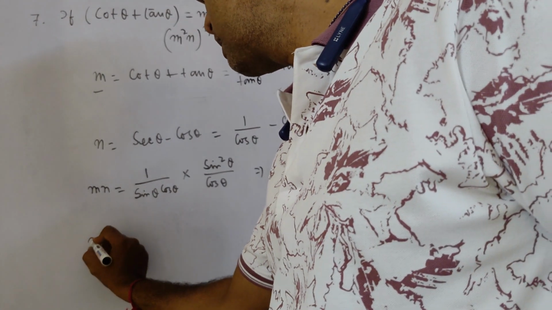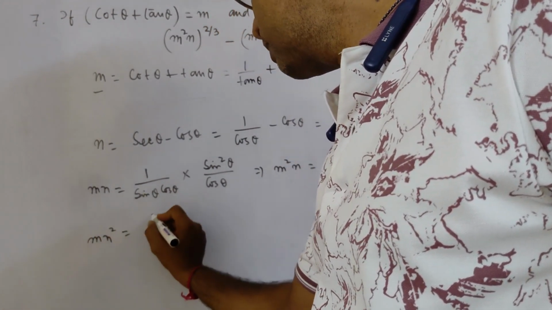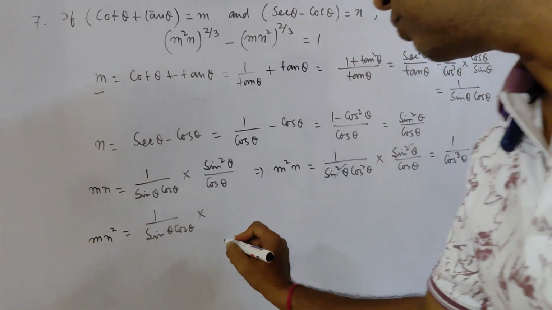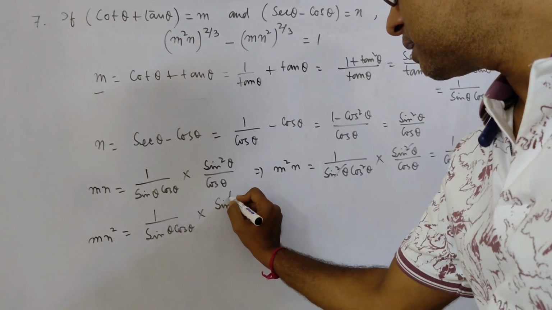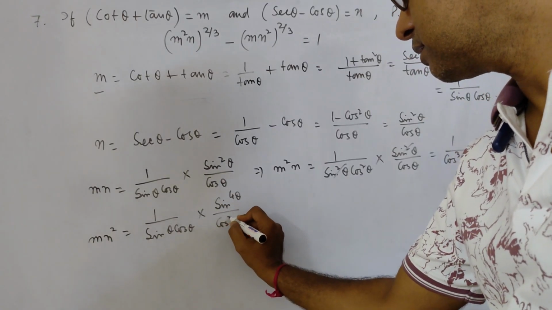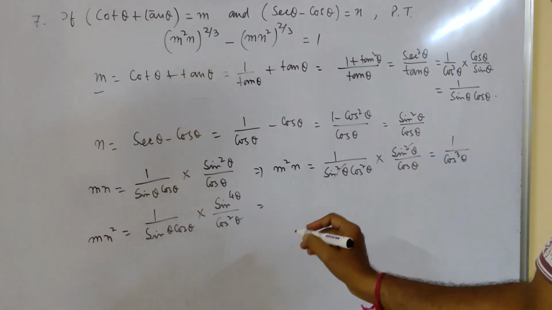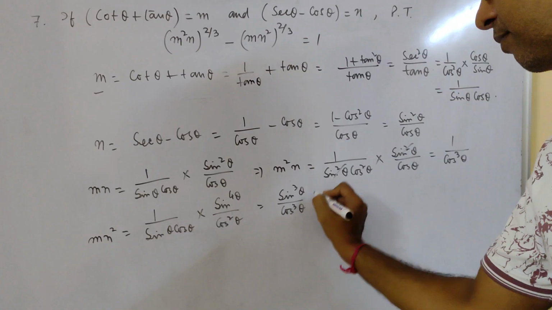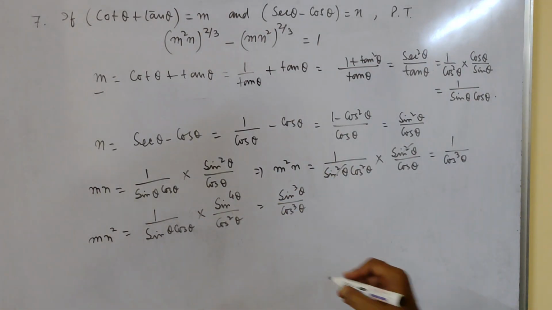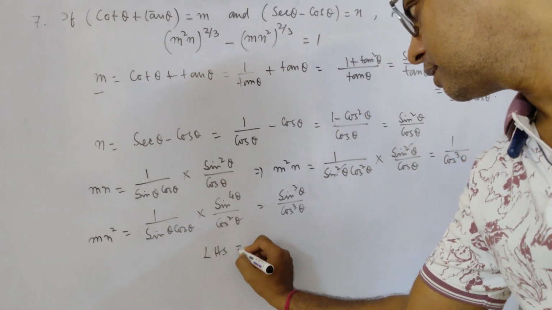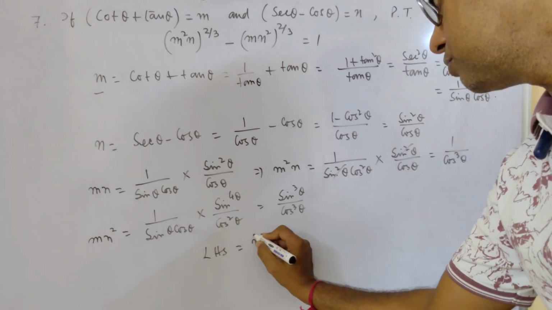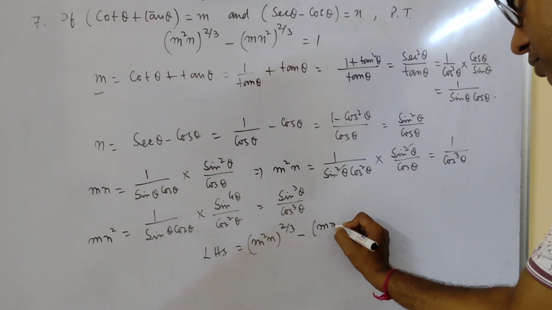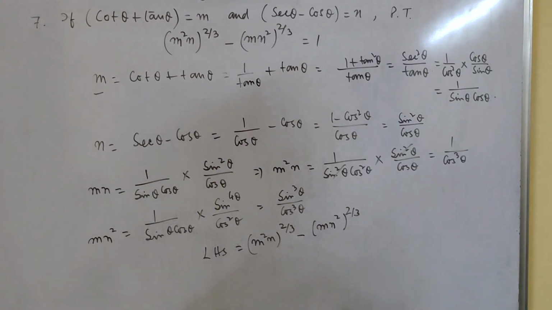Similarly, m n square. So m is equal to 1 by sin theta cos theta into n square, which means sin to the power 4 theta by cos squared theta. So one sin theta is cancelled out, so sin cube theta by cos cube theta. Now from the left hand side, (m square n) whole to the power 2 by 3 minus (m n square) whole to the power 2 by 3.